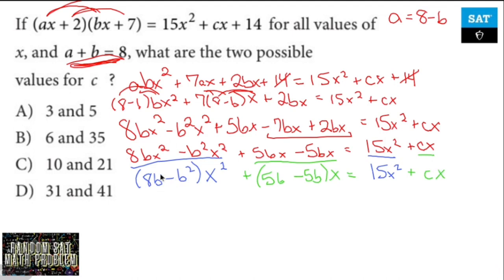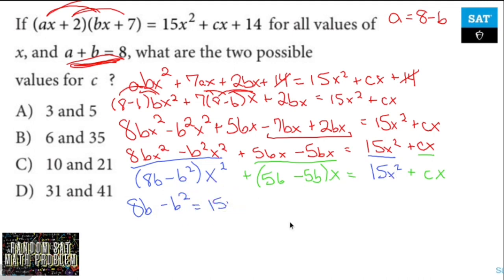Once I can find out b, and maybe I can find out b, but I'm going to set these guys equal to each other. I know that this stuff, x squared, is equal to 15 x squared. So stuff equals 15. So I'm going to write that in blue. I'm going to write that right here. I have 8b minus b squared, x squared, is going to equal 15 x squared.